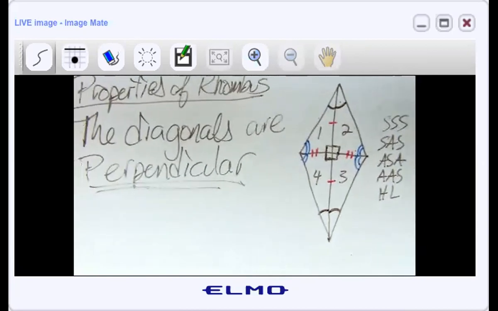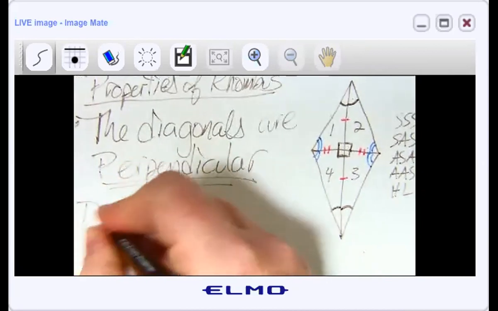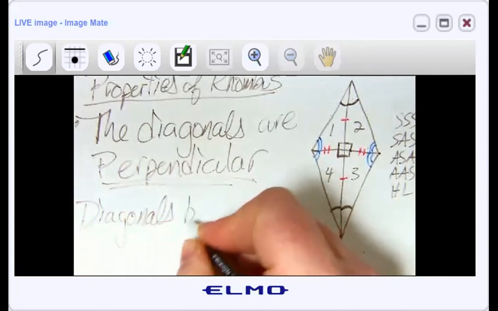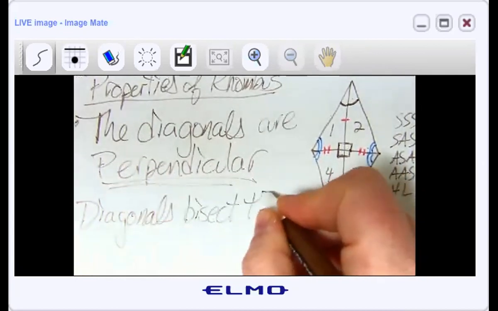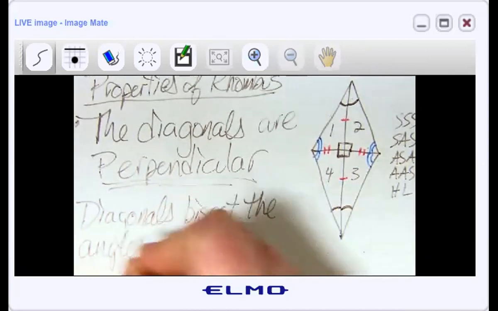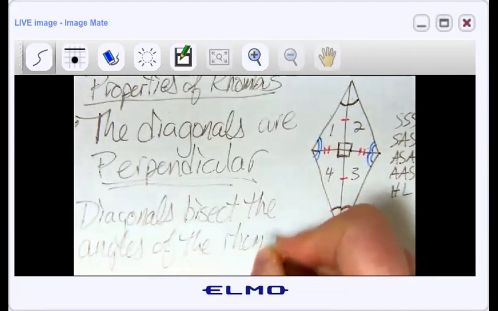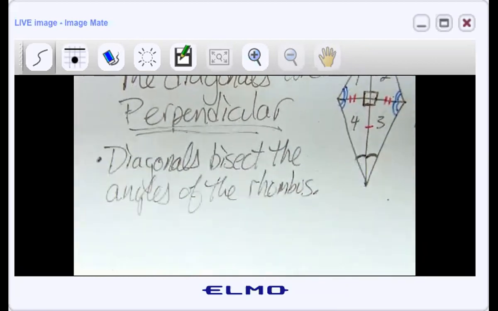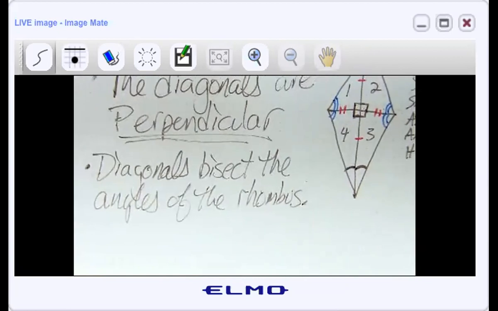So not only are the diagonals perpendicular, but the diagonals also bisect the angles of the rhombus. Diagonals bisect the angles of the rhombus.